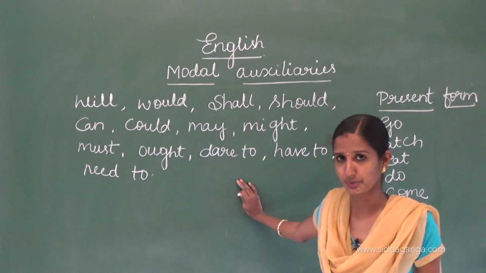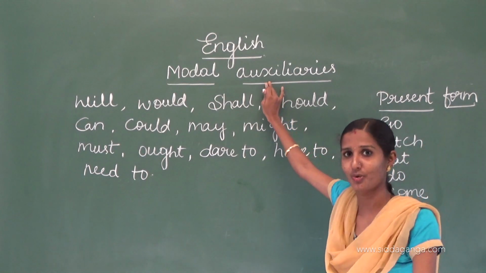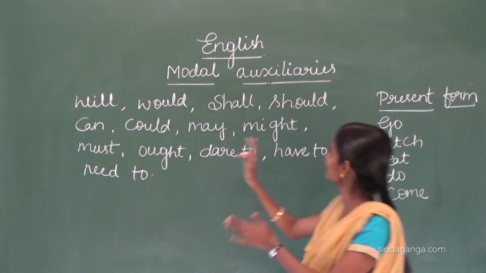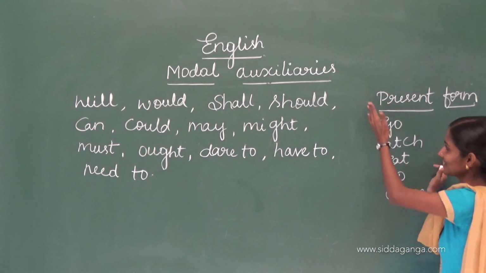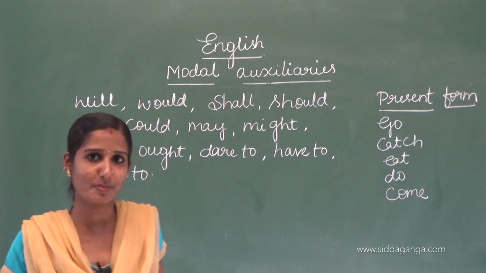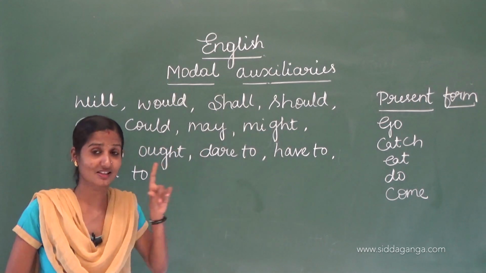But these modal auxiliaries are always auxiliaries only, always helping verbs only. They are always followed by these present verbs. Without present verbs, we can't use any of these modal auxiliaries. That is the very first thing.